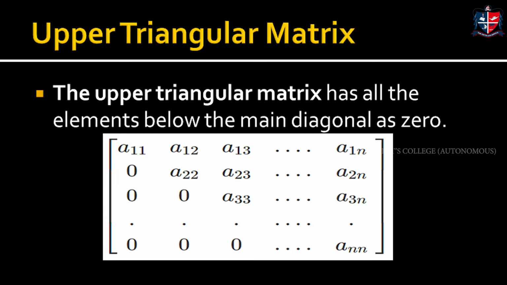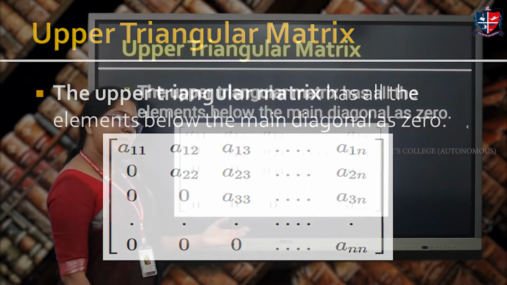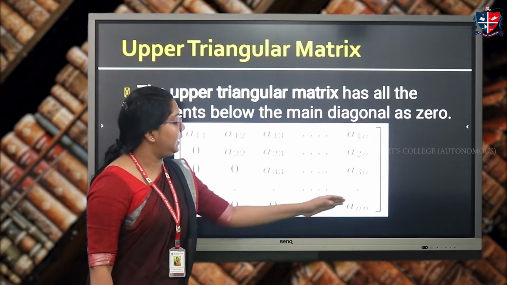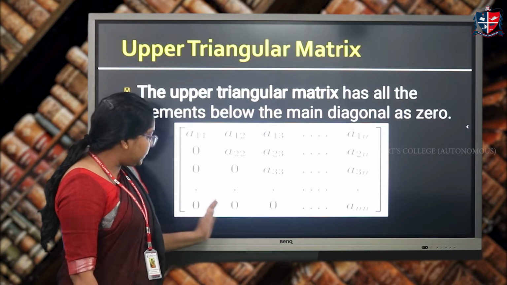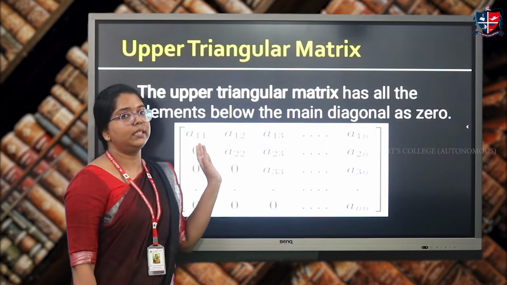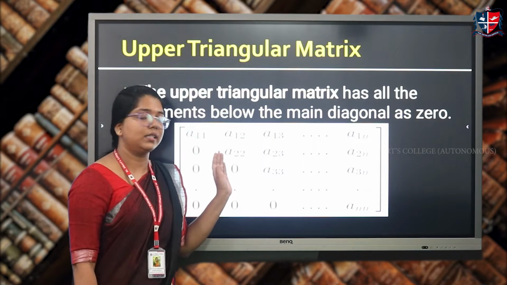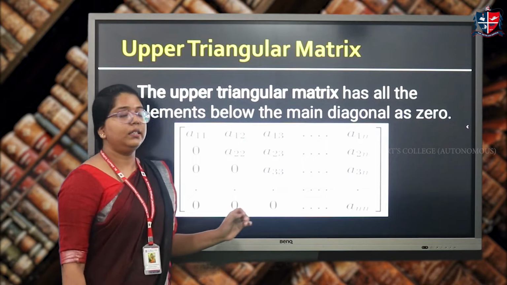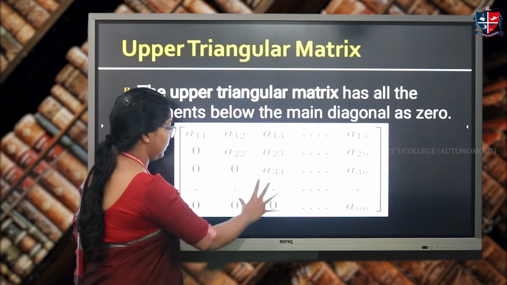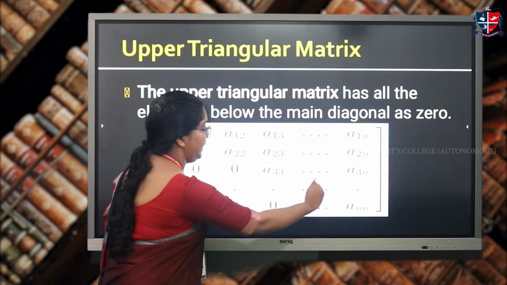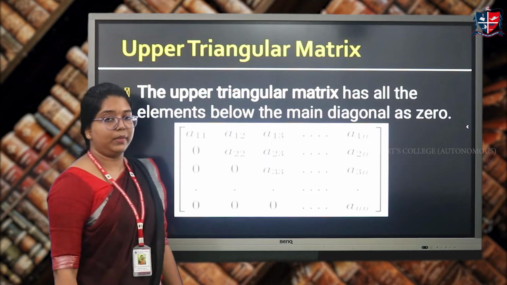Moving on to bigger matrices, upper triangular matrix. As the name suggests, there are entries in the upper triangular area of the matrix, and in the lower triangular area, it's all 0. That means all entries are 0 in the lower triangle. Now, the triangular region, I'm defining it upper and lower, and it is divided by the diagonal of the matrix.